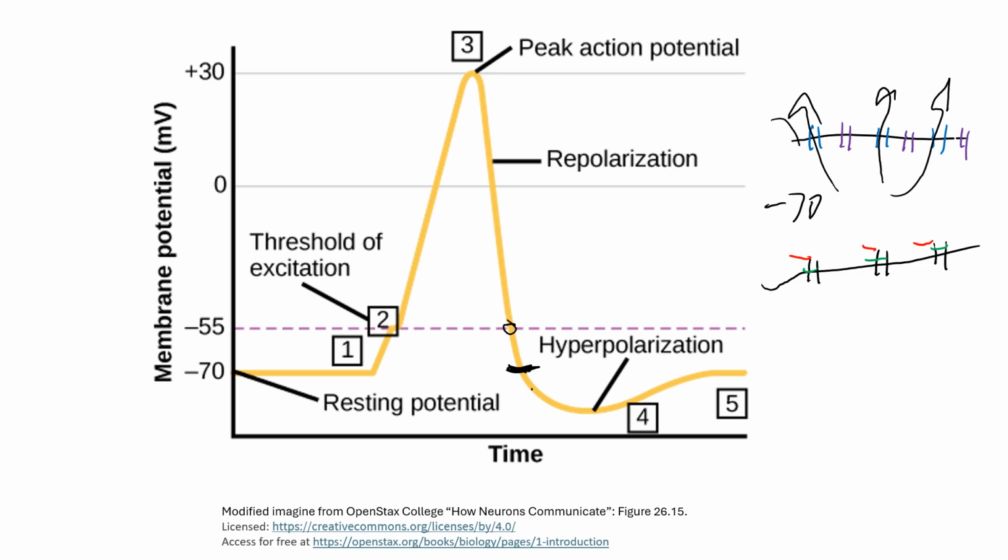So at -70, this would typically be the resting membrane potential. Basically, potassium would be leaving through the leak channels at the same rate that sodium would be coming in through its leak channels. But at -70 right now, it's not just leak channels that are open. There are also voltage-gated potassium channels that are open.